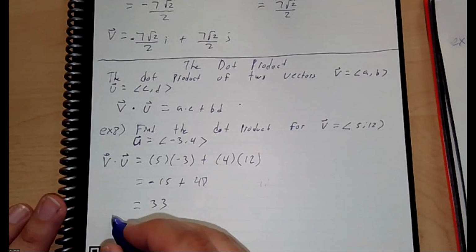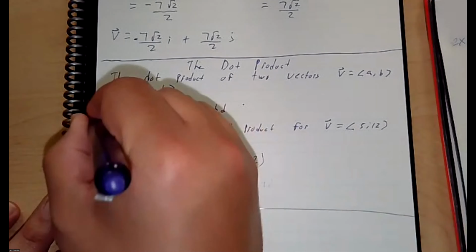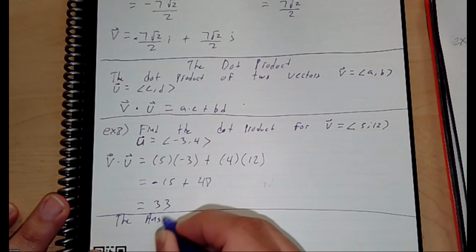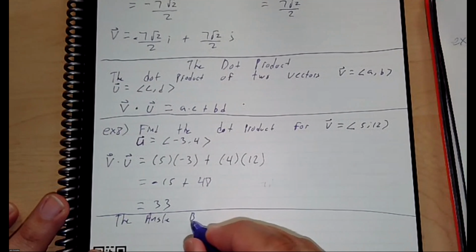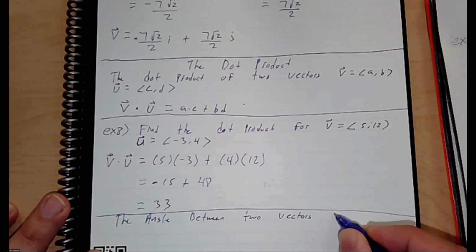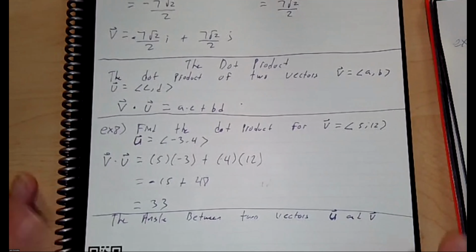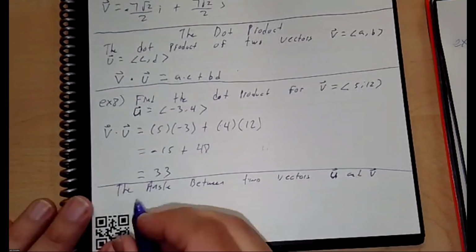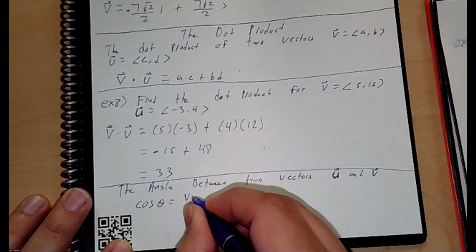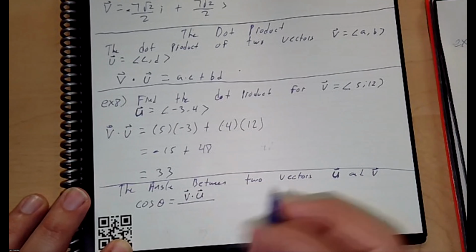But let me write something here before I forget. We have to write this after the dot product. The angle between two vectors, u and v, is equal to this. So cosine theta is equal to v dot u divided by the magnitudes multiplied together.